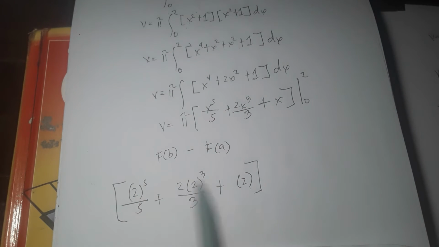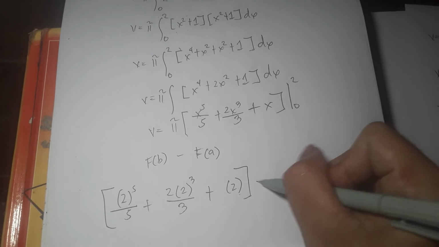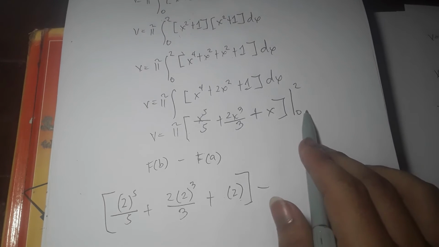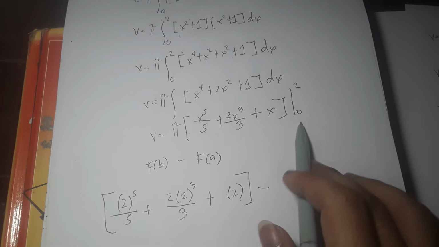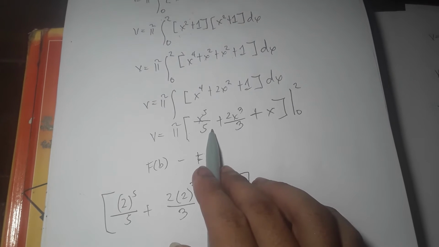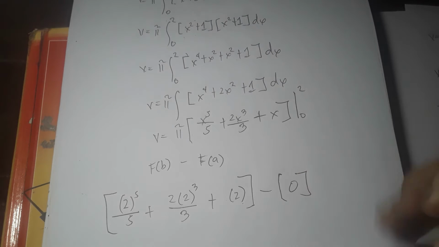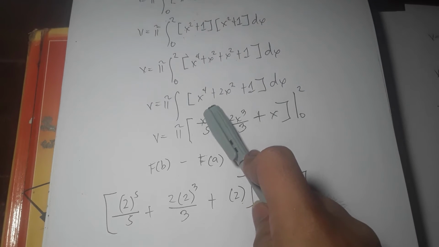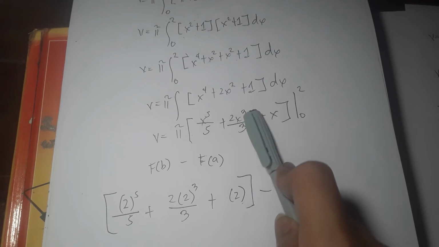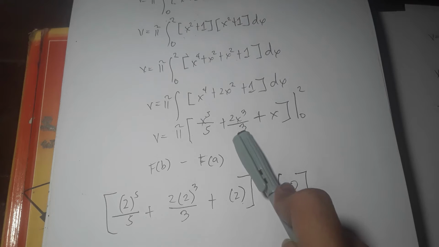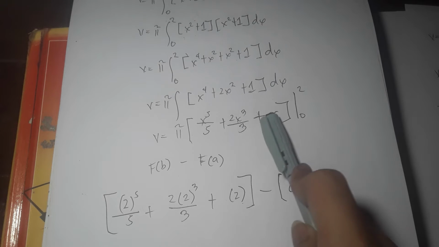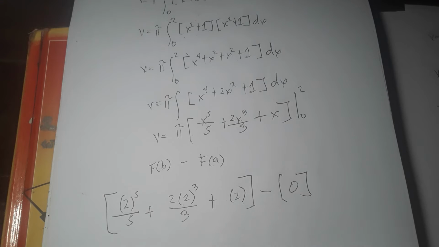This would be our f of b. So minus f of a, let's evaluate this function at 0. If we evaluate 0 in this function, the result is 0, because 0 to the 5th is 0 over 5 is 0, 0 to the 3 is 0 times 2 is 0 over 3 is 0, plus 0 is 0.